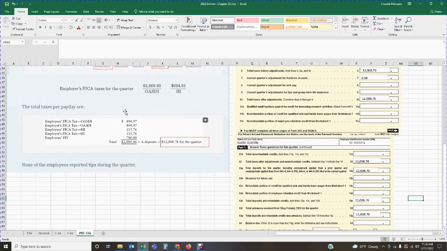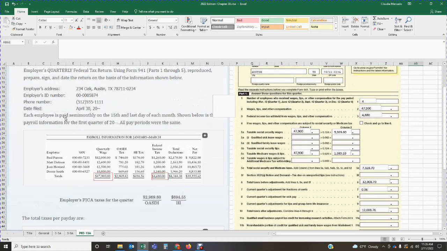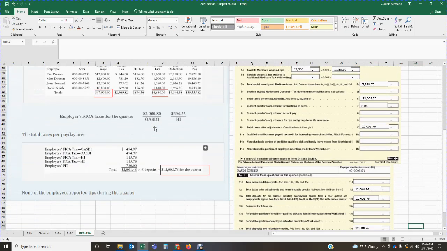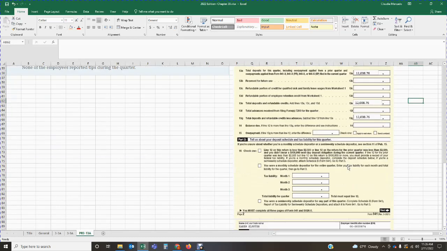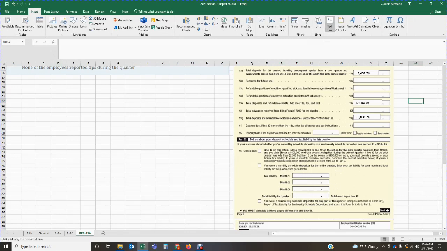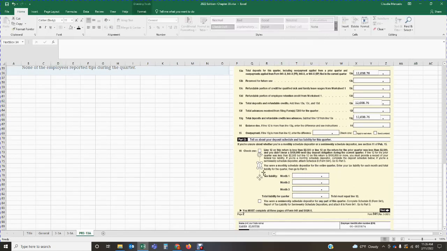These people were making deposits every month. So they made a total of 6 deposits. So we are a monthly scheduled depositor for the entire quarter, and we have to enter our liabilities for each of the months. So here we're going to go ahead and enter a text box. Yes, we are a monthly scheduled depositor.